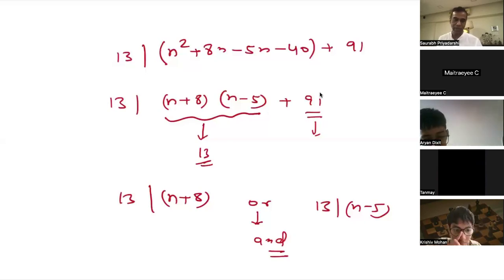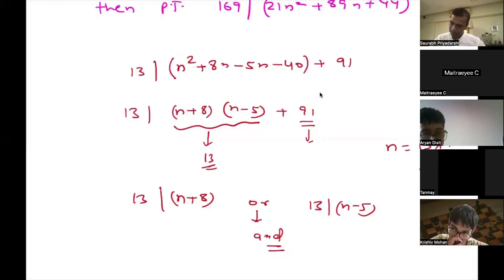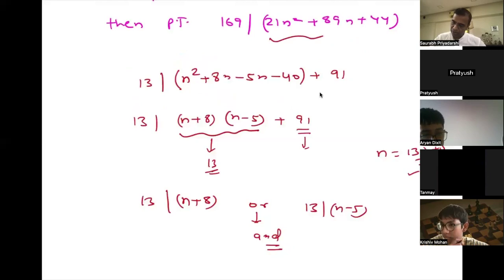Is this okay, everyone? So we can say n is nothing but of the form 13 lambda plus 5. Can I use this form, 13 lambda plus 5, in the second one? Try this now.